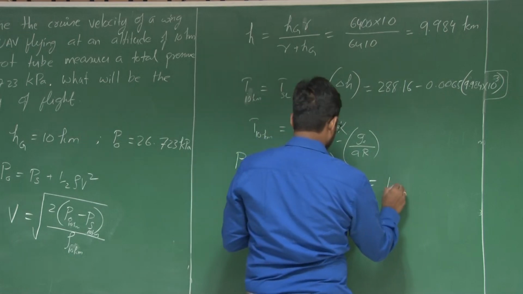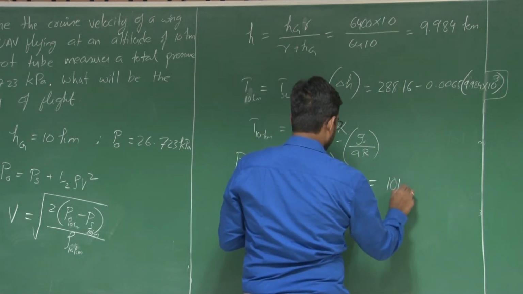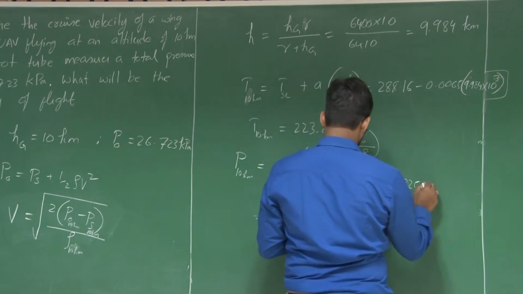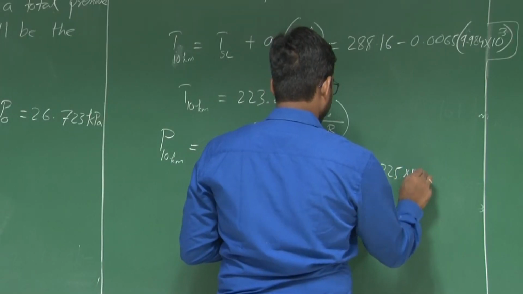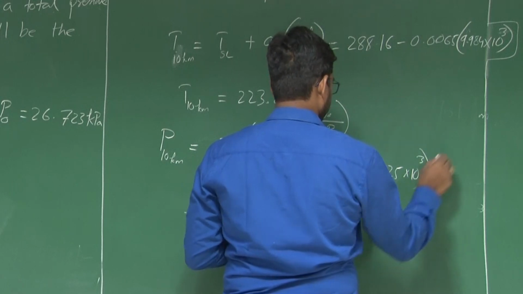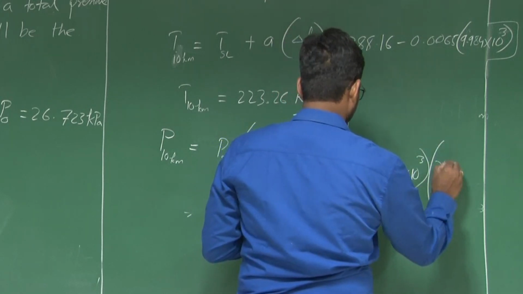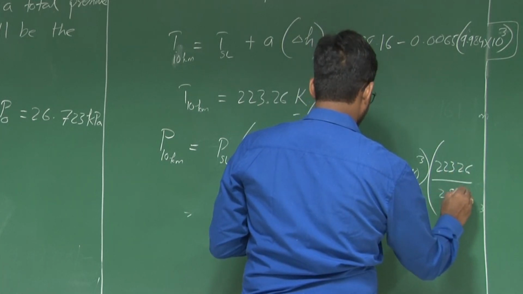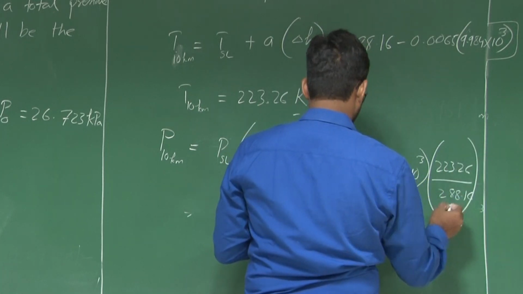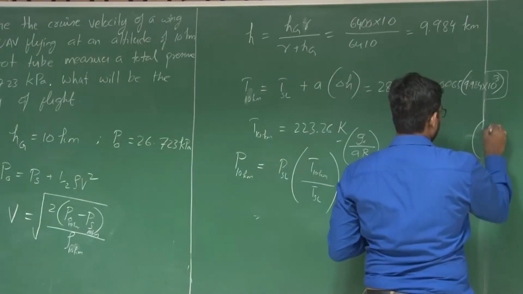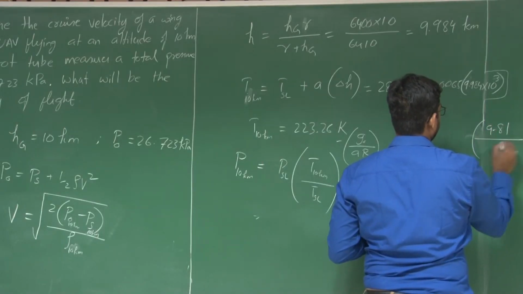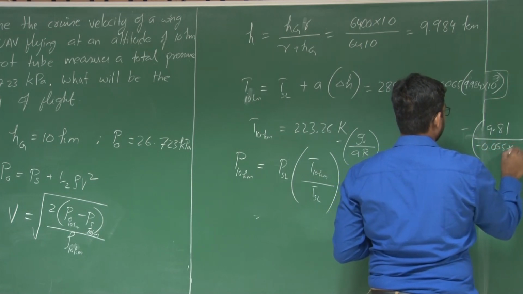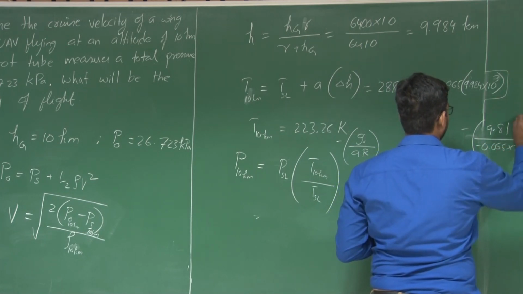So 101.325 kilopascal, times 223.26 divided by 288.16 raised to the power of 9.81 divided by minus 0.0065 into 287.